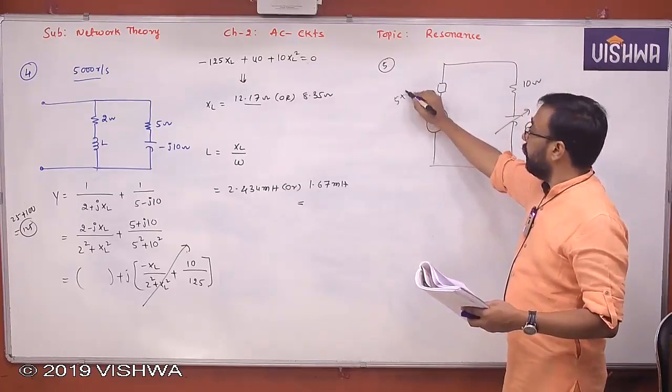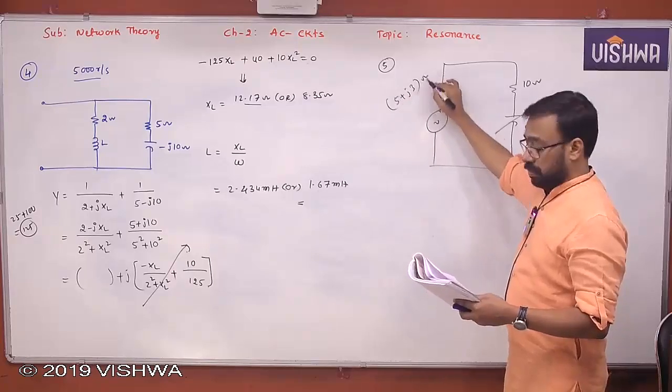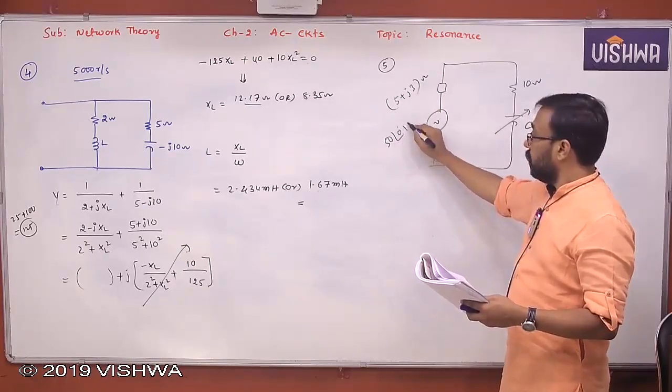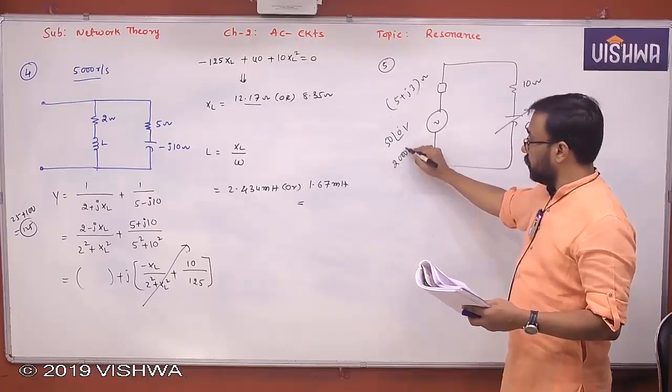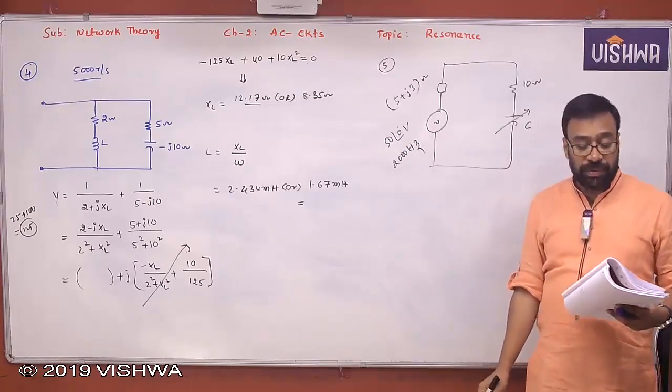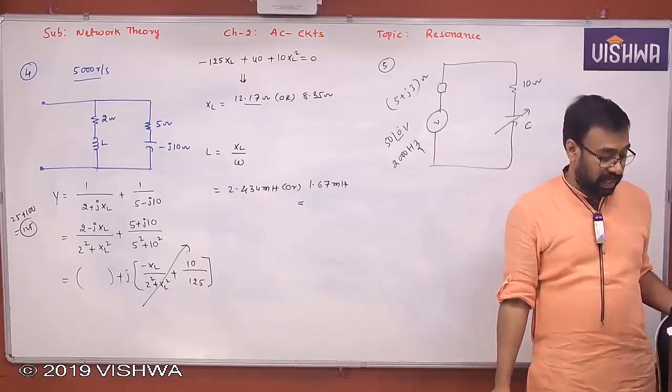Five plus j3 ohm and 50 at an angle of 0 volt and 2000 hertz. It's just asking at what value of C the power transferred to the 10 ohm resistor will be maximum.